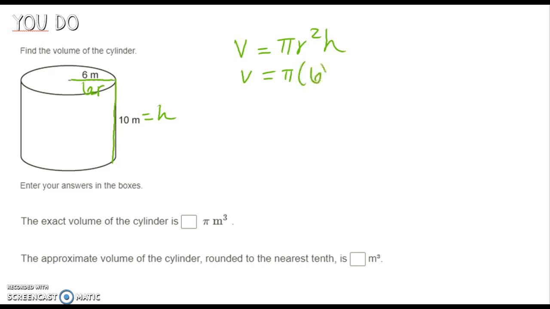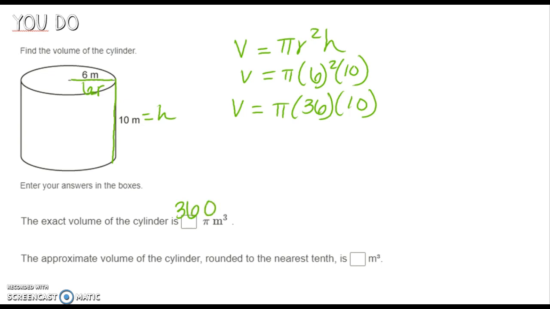So pi times our radius squared times our height. 6 times 6 is 36 times 10. So we're looking at 360 pi meters.